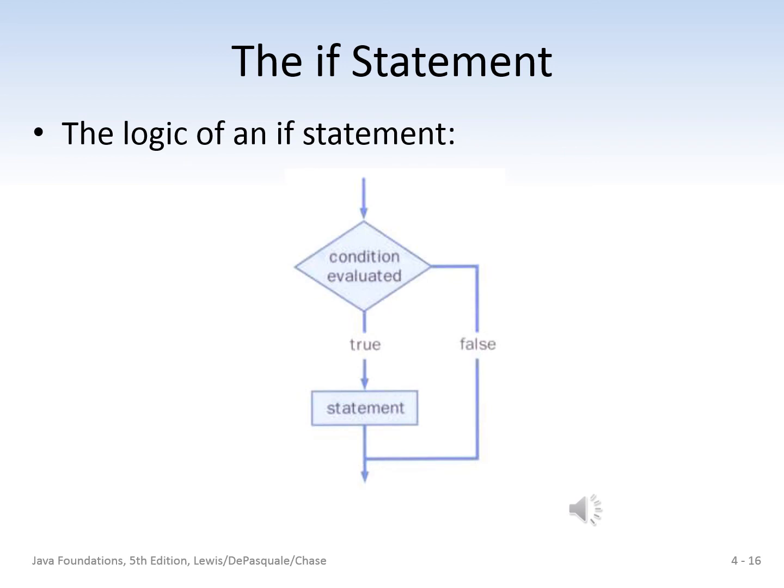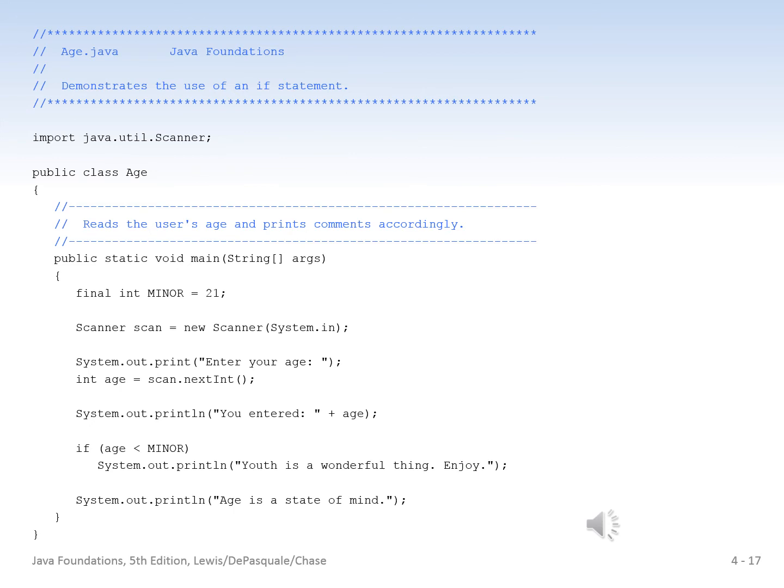This diagram shows the flow of the if statement. If the condition evaluated is true, then the statement following the if will be executed. If not, it'll be skipped. Here's a simple program. I'm not going to load this into the IDE and compile and run it, but it has a simple if statement.